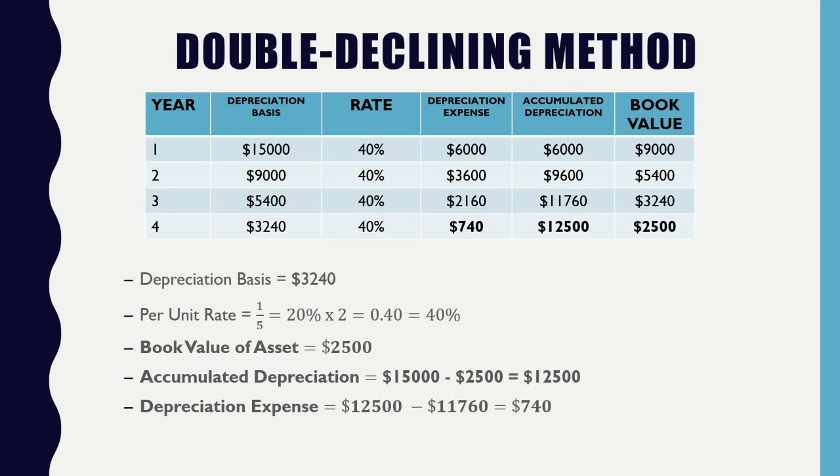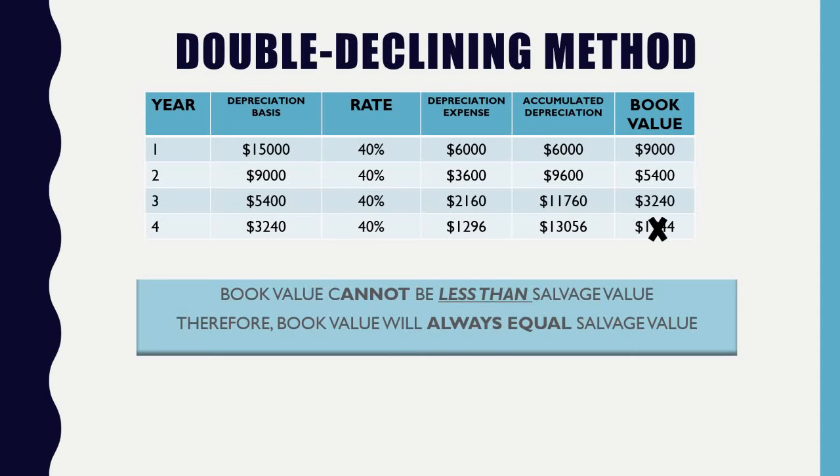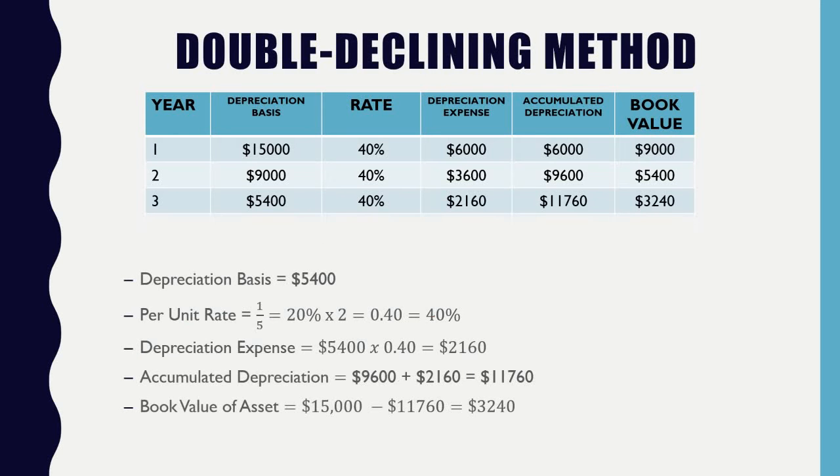Okay. So, again, here's the third year, right? And we notice that our third year is going to start with our 3,240. Okay? We have the rate here, and we solve for the depreciation expense to be 1,296.